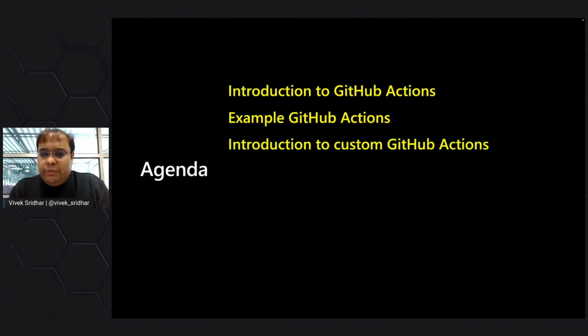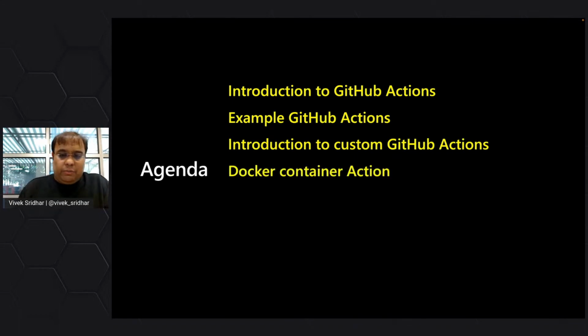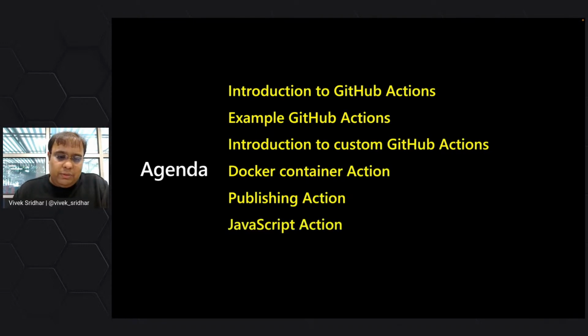After that, we will see how custom GitHub Actions work, and we're going to build one Docker container action, and then we're going to publish that particular action in the marketplace, and then we'll deep dive into JavaScript actions, something which is important, and we'll see when to choose the Docker container action and when to choose the JavaScript action. Obviously there is one more type of action which we can build, but I'm going to talk about it, and then a couple of resources I'm going to share.